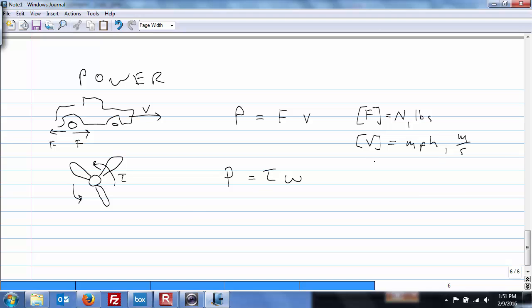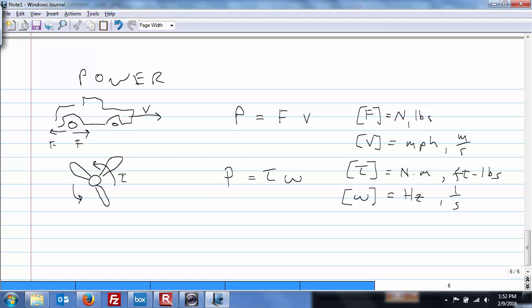Down here, as I mentioned previously, torque is measured in either Newton meters or foot-pounds, and angular velocity is just measured in hertz, which is just 1 divided by seconds. Nice thing about all of these is when you multiply them together, you still get power. Power is power. You can measure in horsepower, you can measure in watts, but it's just one thing. It's just power.